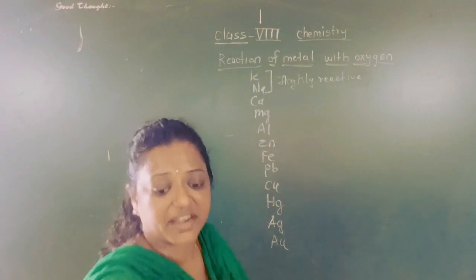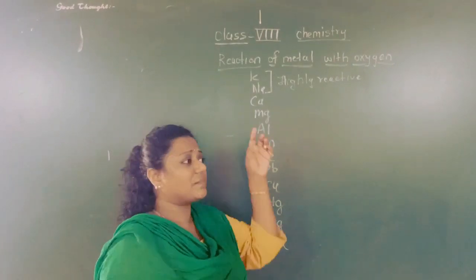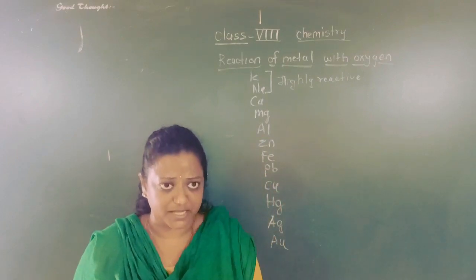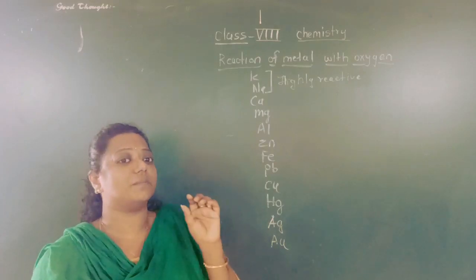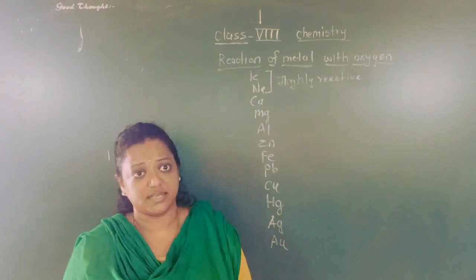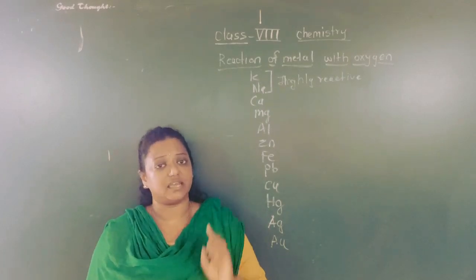And how can we write this in equation form? Whenever a chemical reaction takes place, the symbolic representation of the chemical reaction is called a chemical equation.